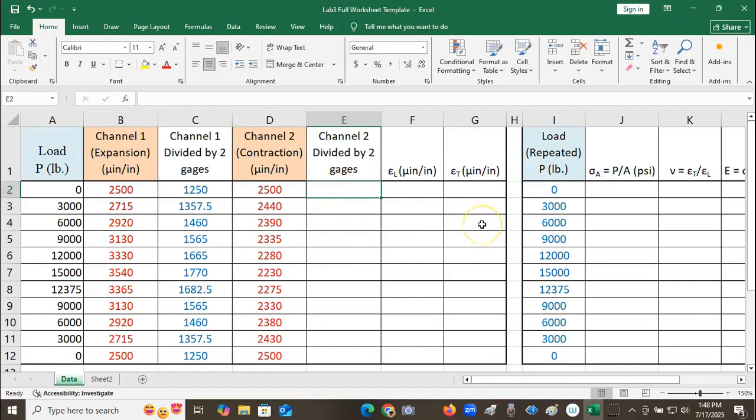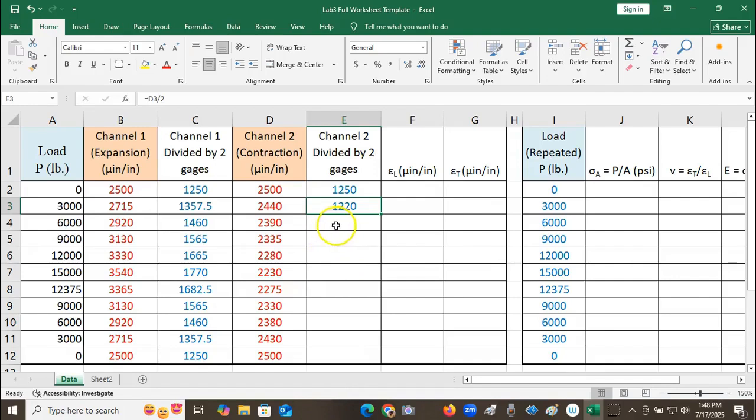Okay, similarly for channel 2. So channel 2 is measuring strain in the transverse direction. That's perpendicular to the longitudinal axis of the bar. So it's the same idea. I'm going to divide column D, D as in delta, by 2. So what I'm calculating here in column E is what the strain would be if I only had one gauge.